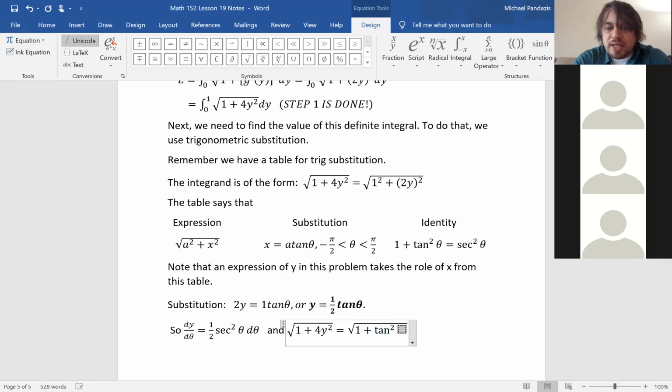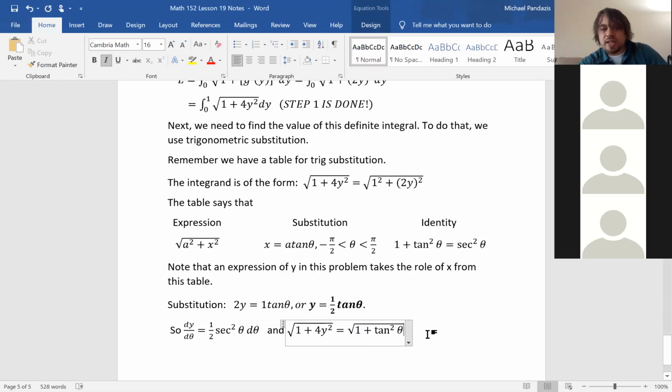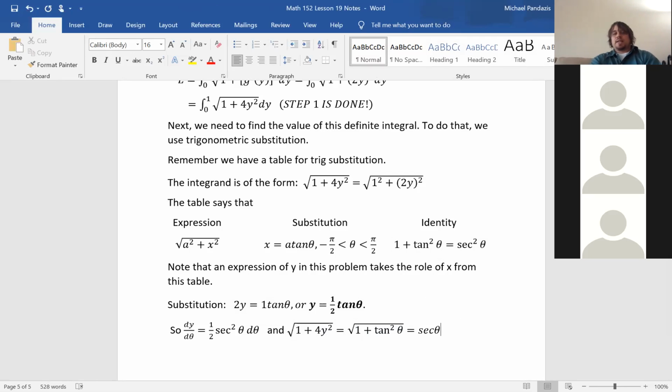If you square that, you get 1/4 tan squared theta; 4 times 1/4 cancels and you just get tan squared theta. So that's equal to the square root of 1 plus tan squared theta. Well, 1 plus tan squared theta is secant squared theta. The square root of that is the absolute value of secant theta, which is secant theta, because for this range of theta values, secant theta is non-negative, so its absolute value is itself. That equals secant theta.